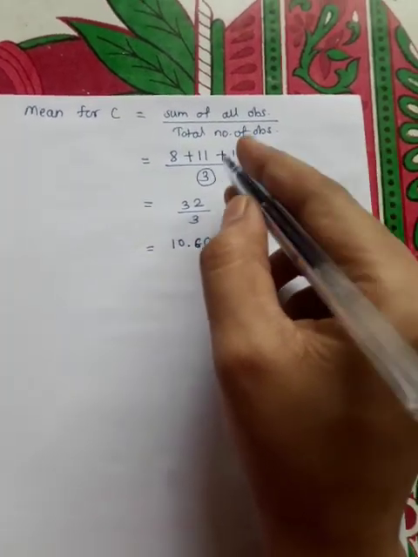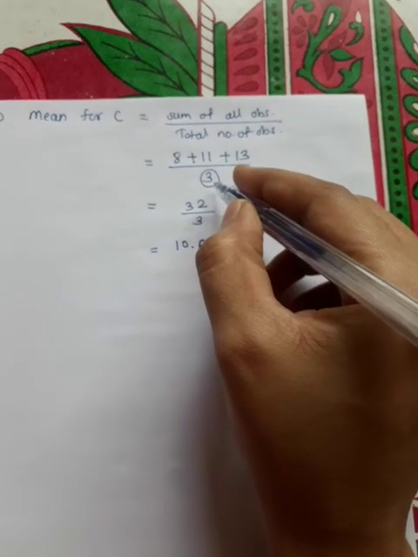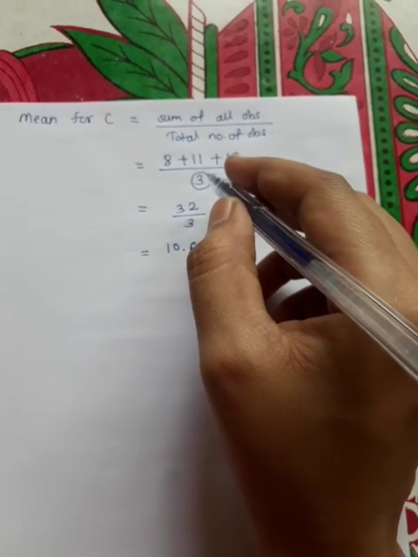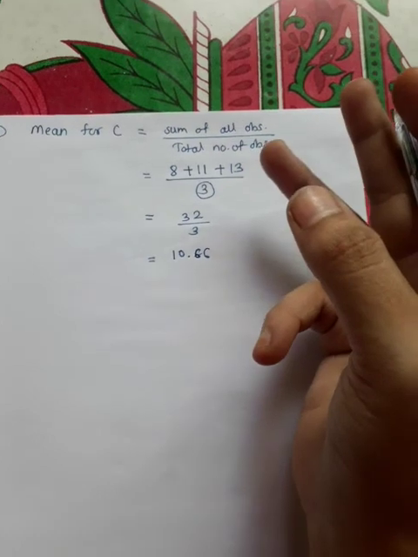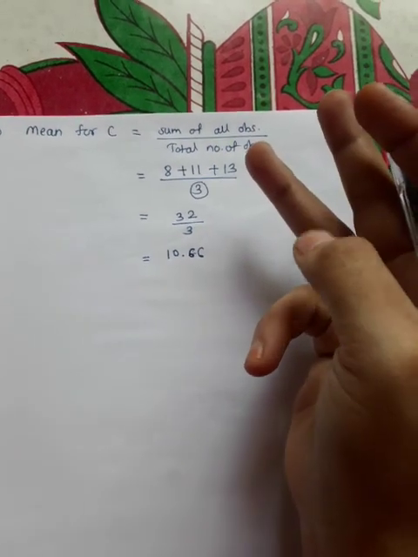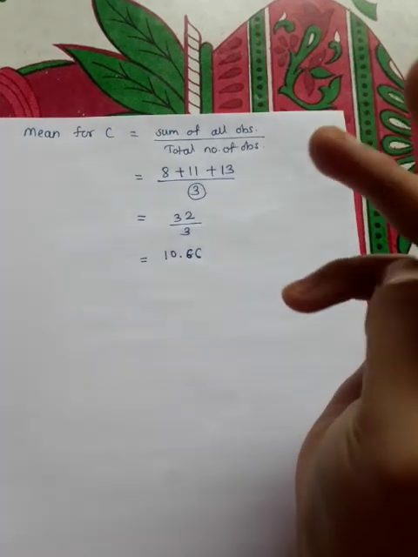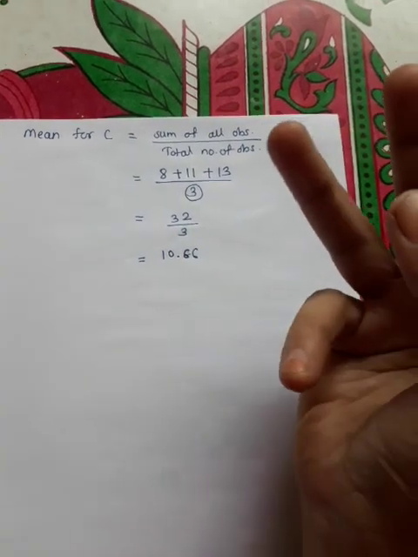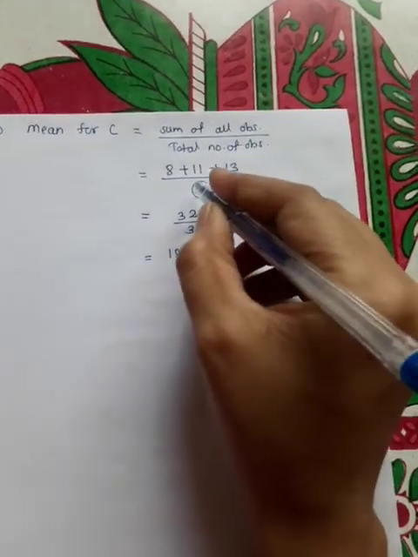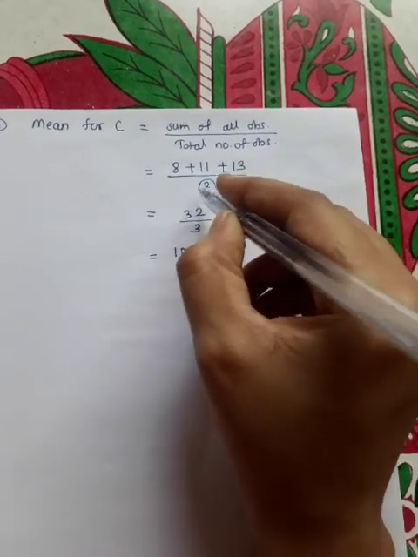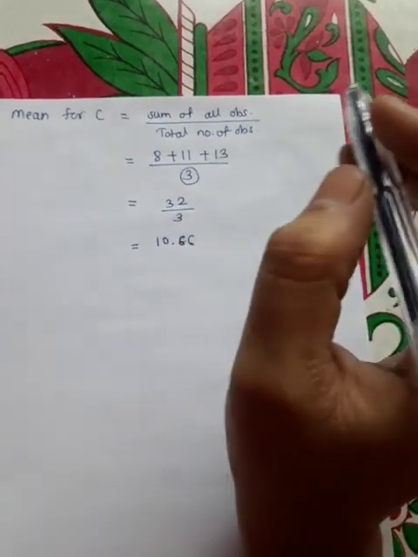And why don't we divide it by 4? Because player C attended only 3 games, and they gave scores in 3 games. So we have only 3 observations, that's why we divide by 3.